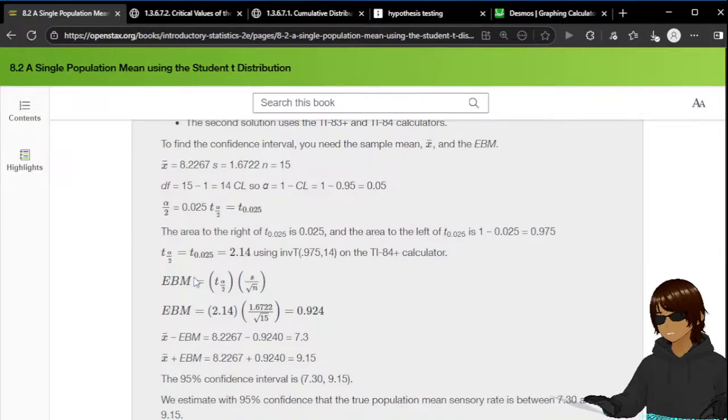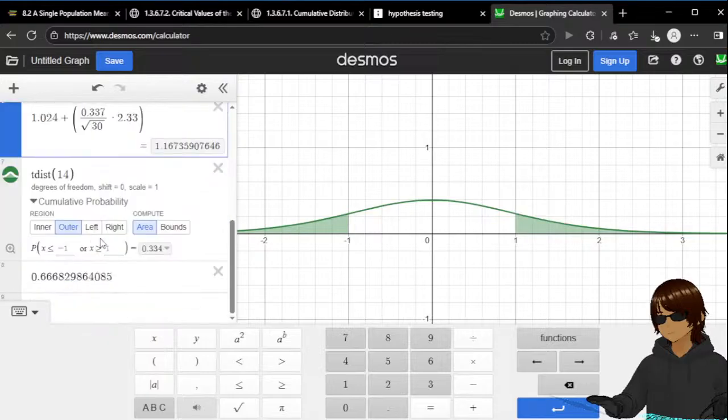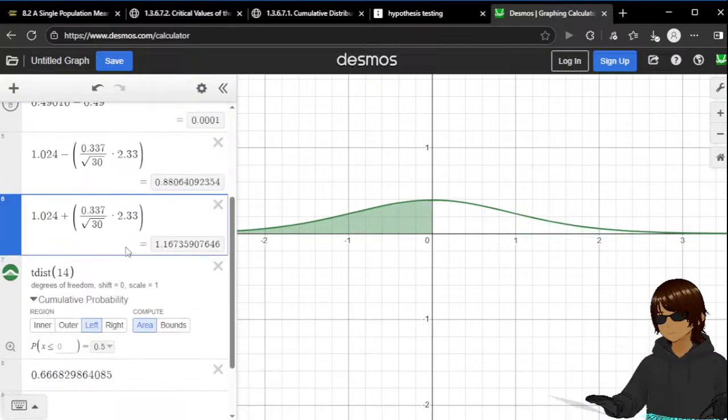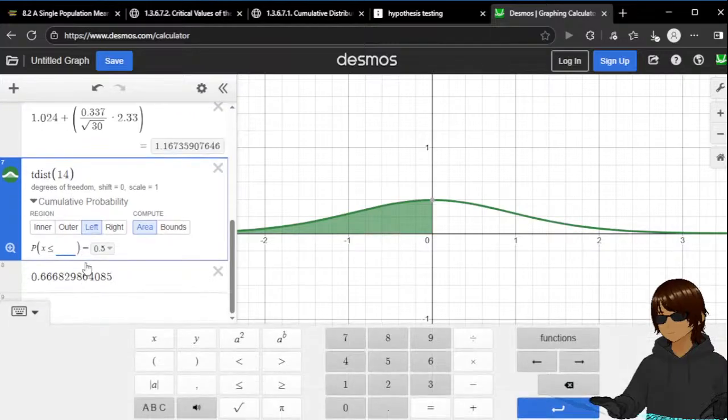Anyways, T 0.025 is 2.14. 0.025 is like this area, right? 0.025, 2.14.